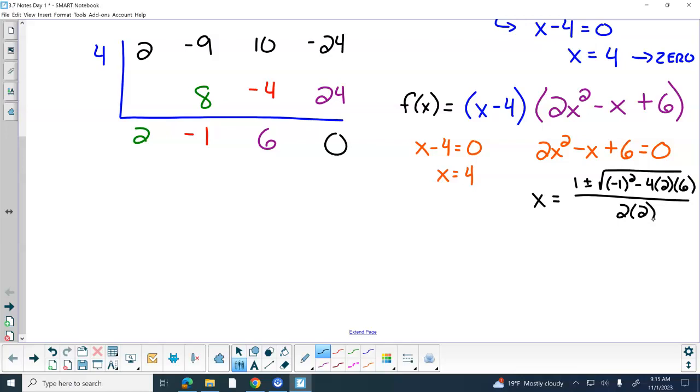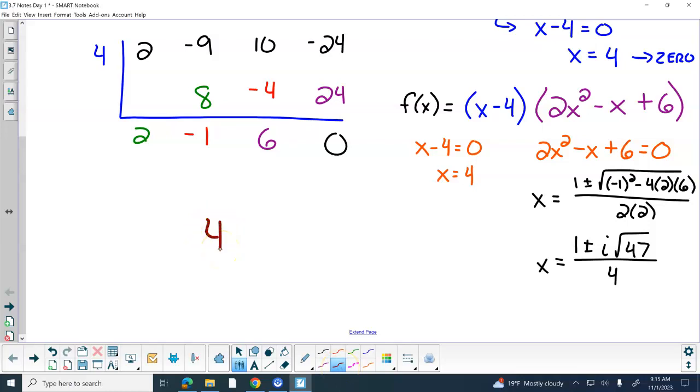I can tell you that right now, unless you got 1 plus or minus i times the square root of 47 all over 4. How do you know you're not wrong? Because I know I'm right. Well, I know I'm right.